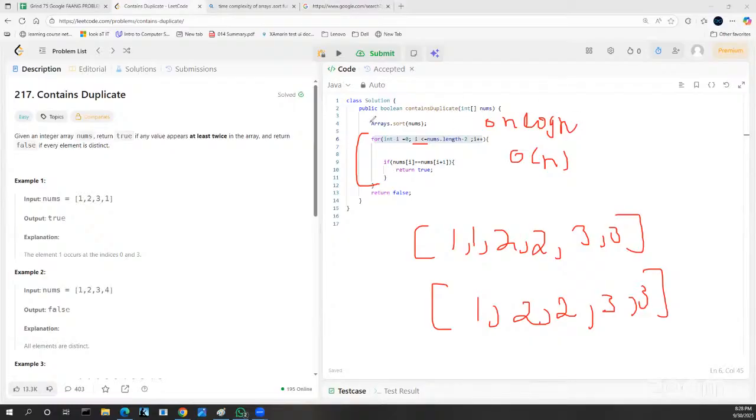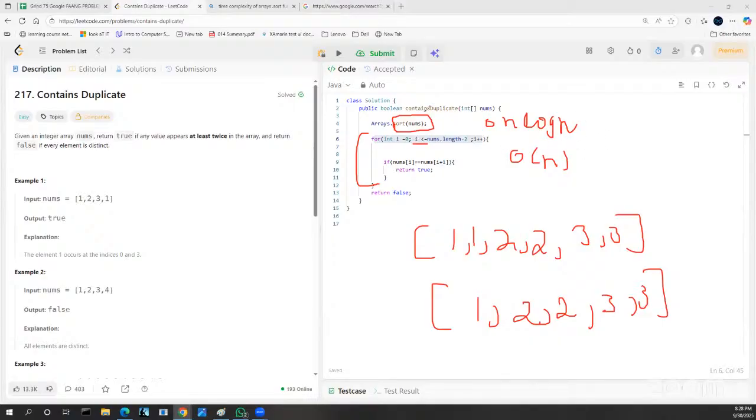This is the time complexity of the sort function, because it uses a certain kind of sorting algorithm, which I can't get into right now because I need to review how these things work. It's been a while.